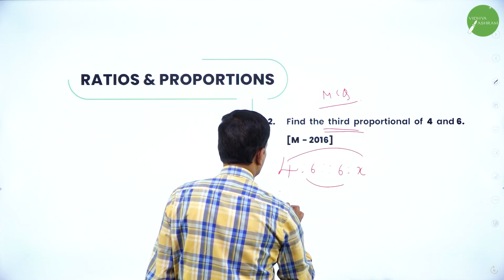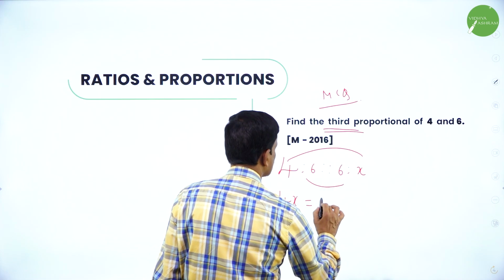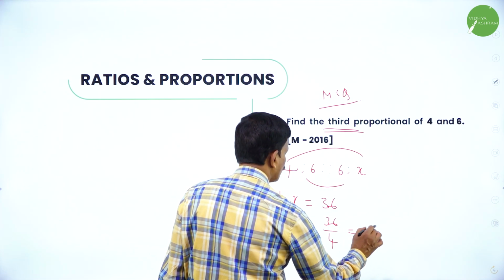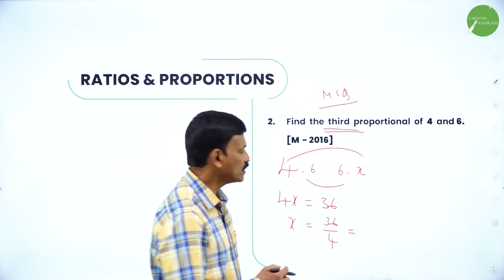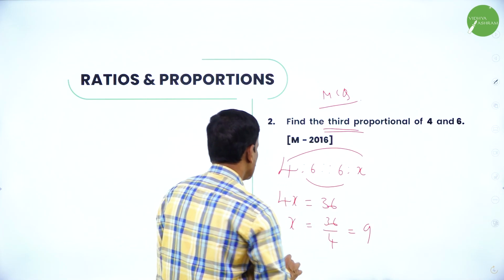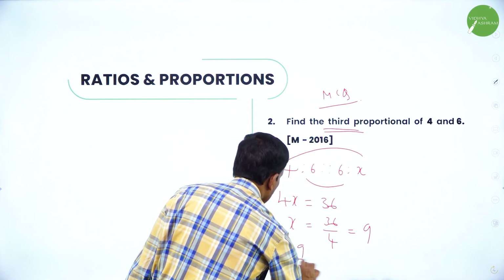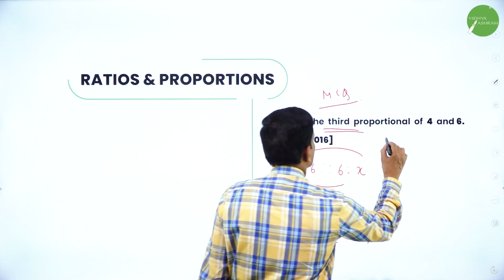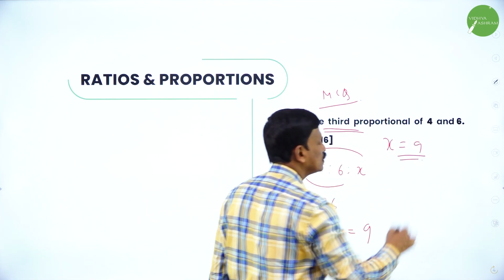So 4 into x is 4x is equal to 6 into 6 is 36, x is equal to 36 divided by 4. What is this equal to? 9. So 4 9s are 36. So therefore x is equal to 9. That means the third proportional of 4 and 6 is 9. So x is equal to 9 is the third proportional.